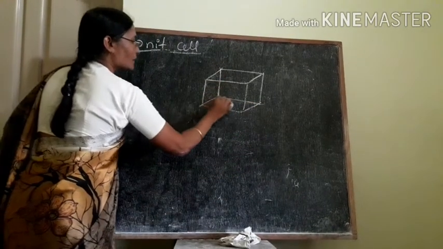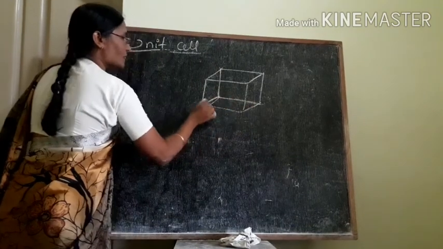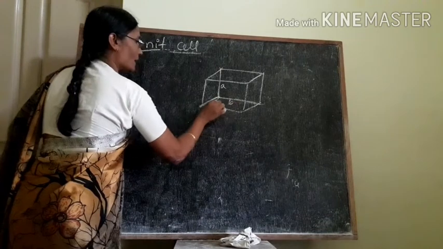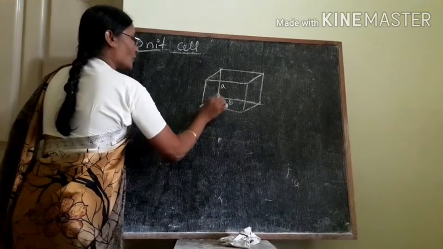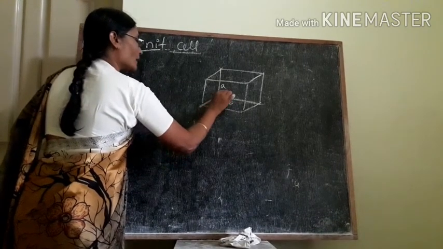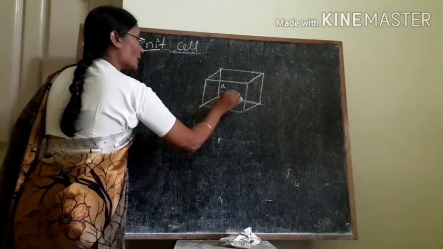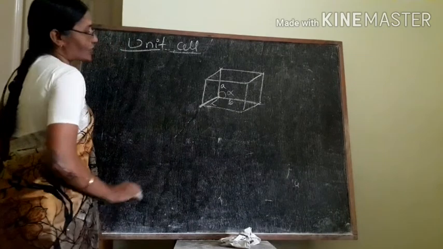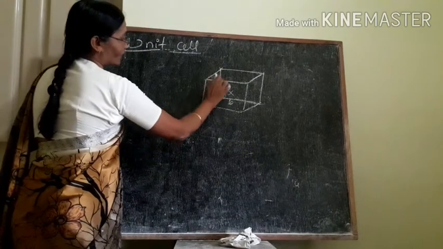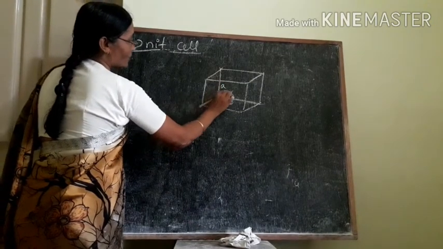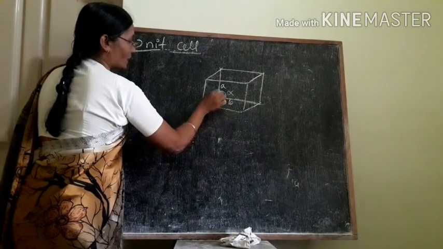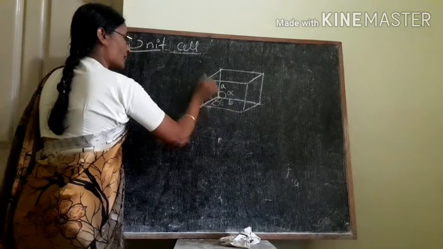These lines represented are seen to be edges A, B and C. It is edge length, and this is bond angle. Between A and B, it is known as alpha. Between B and C, beta. Between A and C, it is known as gamma.